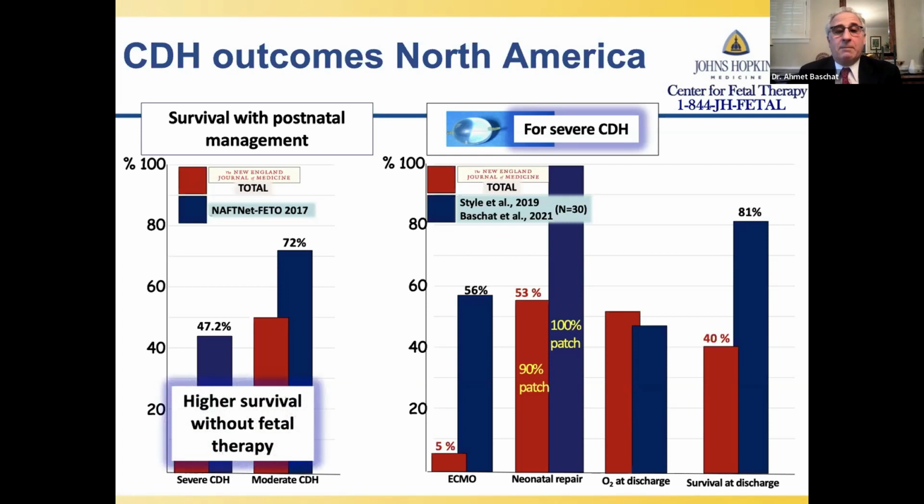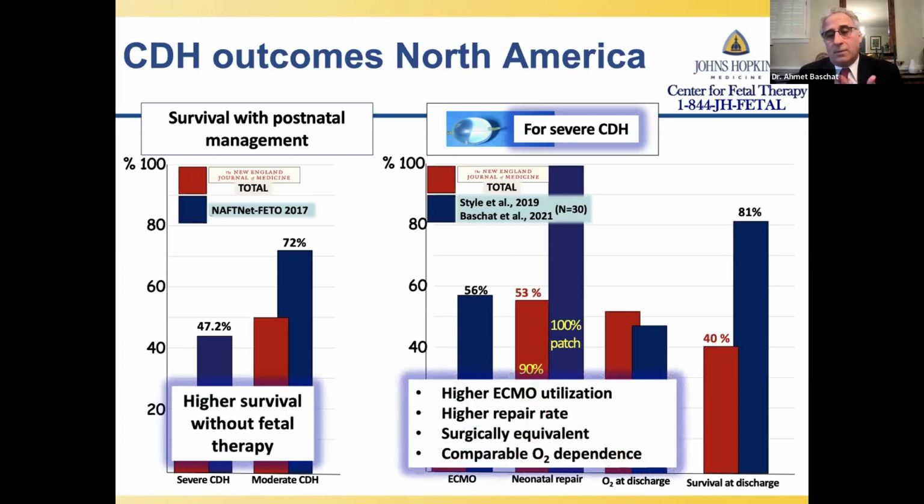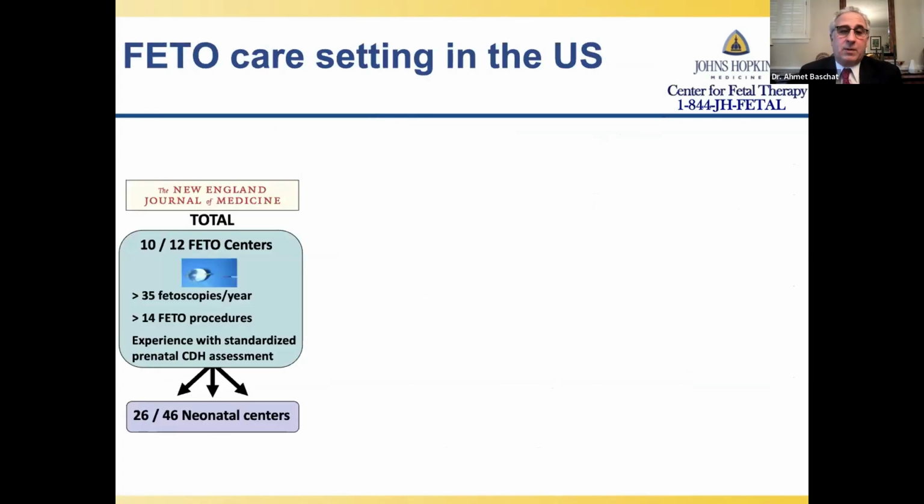And so the numbers overall, and my colleagues are going to go into this in more detail, are more reassuring and encouraging. Now, why is that? Diaphragmatic hernia is a condition where, when you do prenatal diagnosis and fetal interventions, the management isn't over with just fetal care.